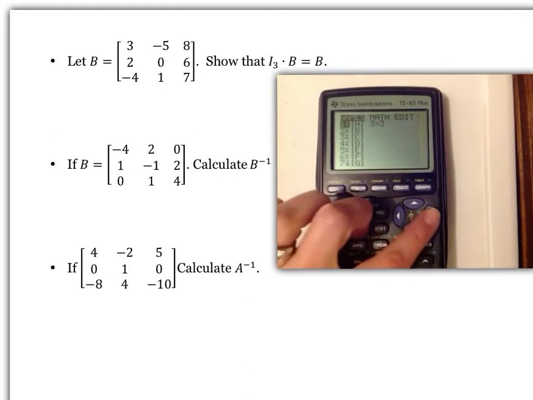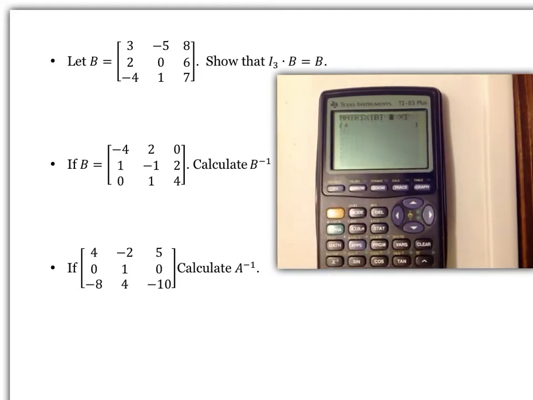Then we'll go back in and we'll edit matrix B, which is another 3 by 3. And when we show the matrix multiplication, we say matrix A times matrix B, and sure enough, we've got the exact same matrix.